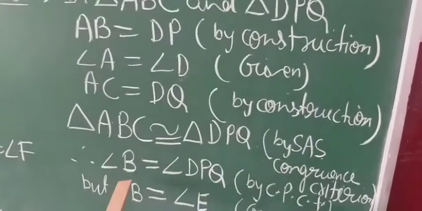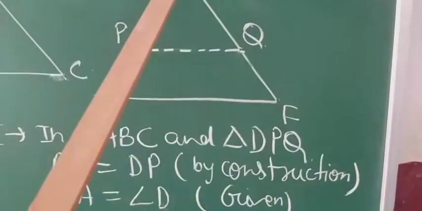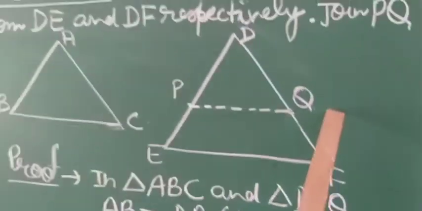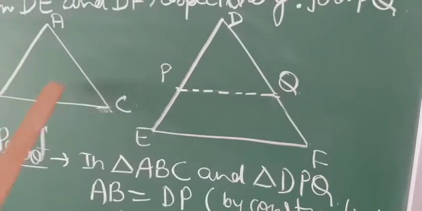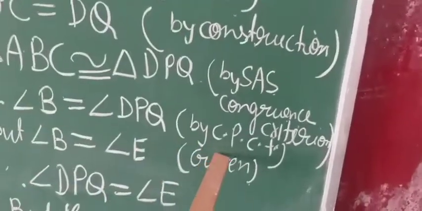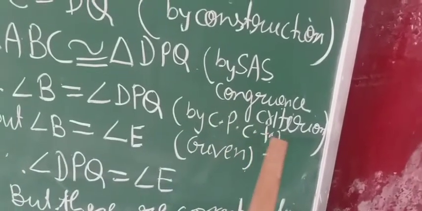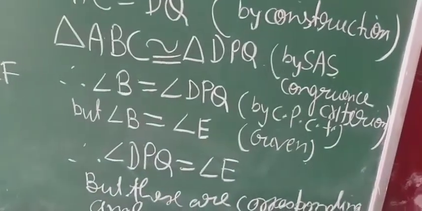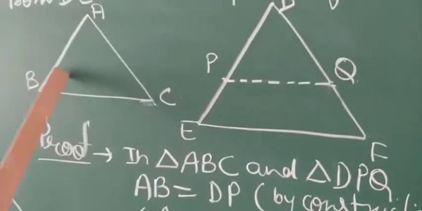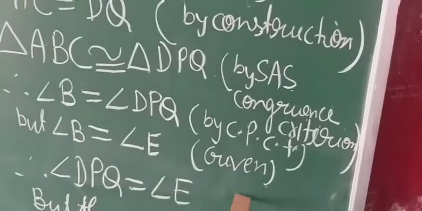Then students, when triangle ABC is congruent to triangle DPQ, we can say angle B equals angle DPQ by CPCT, corresponding parts of congruent triangles. But students, angle B also equals angle E because this is given to us.